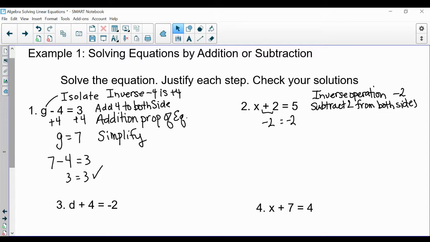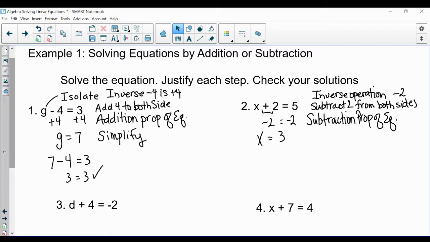So I know this is the subtraction property of equality. We're going to just abbreviate that. So I have x is equal to 3. Now we need to check to make sure our answer is correct.